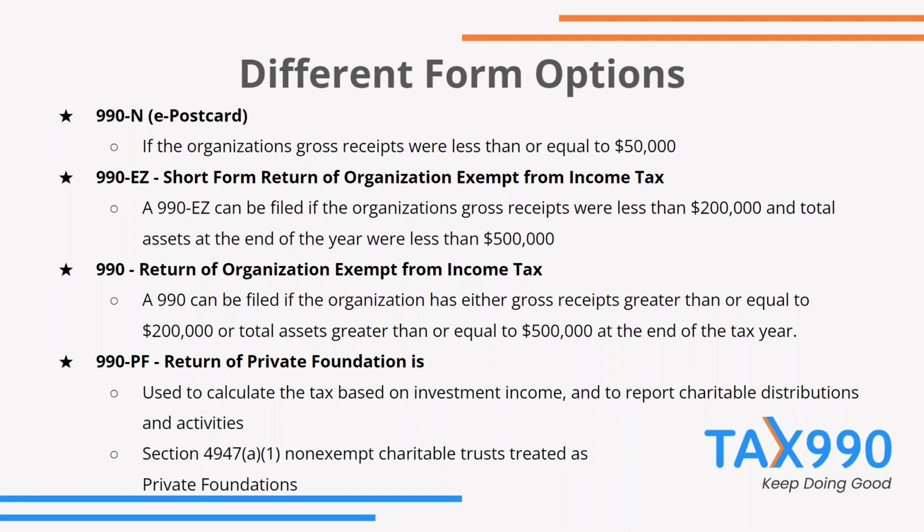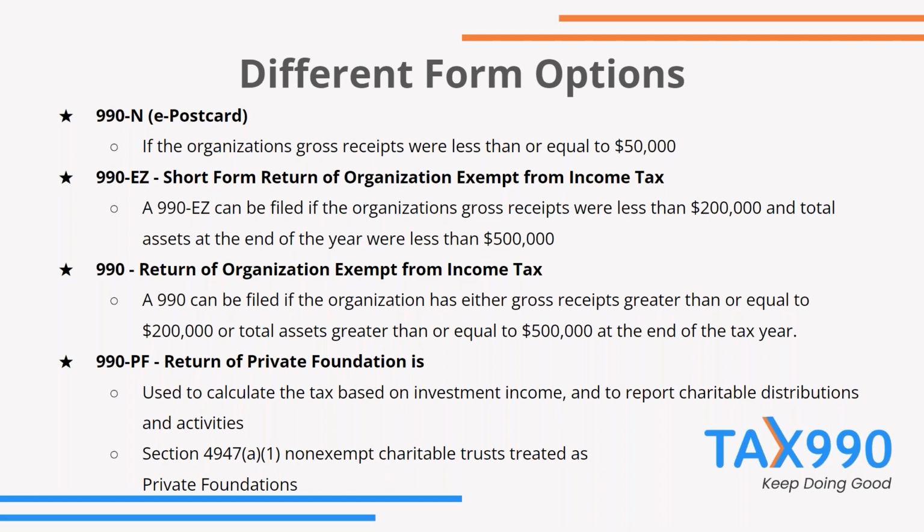And the 990PF return of private foundations is used to calculate the tax based on investment income and to report charitable distributions and activities. Section 4947(a)(1) non-exempt charitable trusts treated as private foundations would also complete the 990PF return annually.